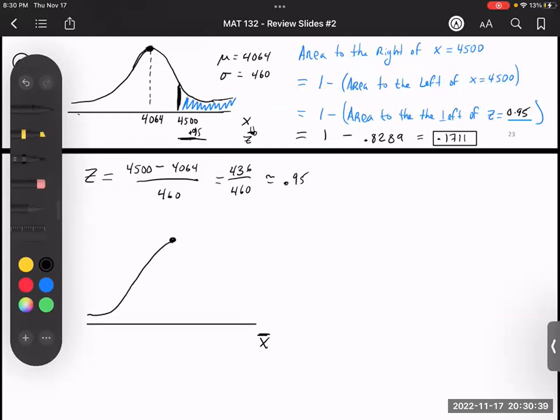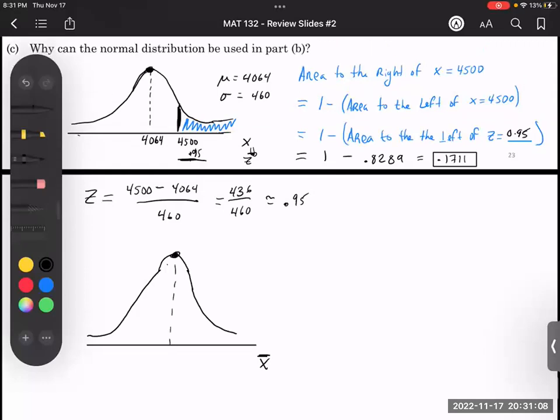So this is never going to change, even though my picture is always changing. You would think by now that I would have drawn this perfectly. My bad, guys. It's not even looking like a normal distribution.